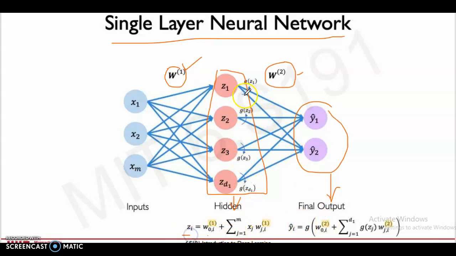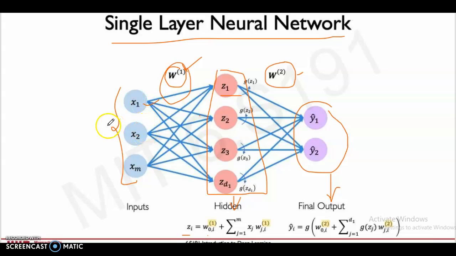Z1, Z2. Z1 equals w0 plus the summation of j equal to 1 to m of wj xj.